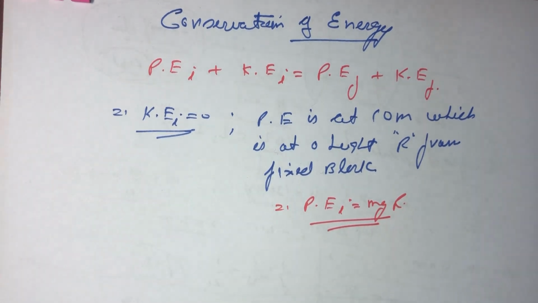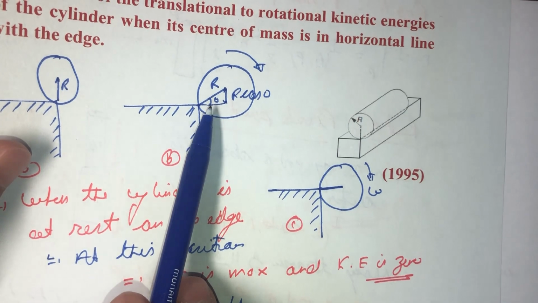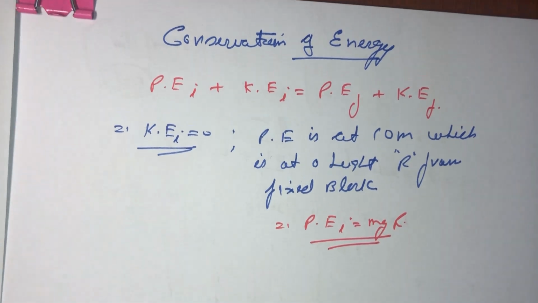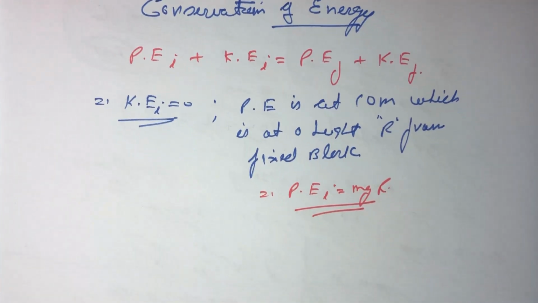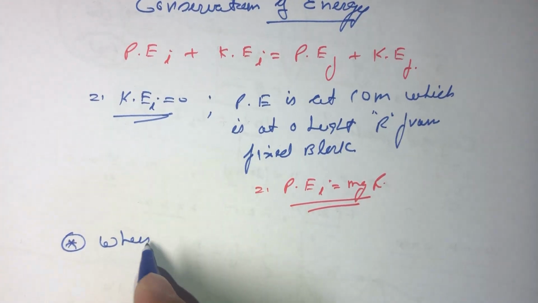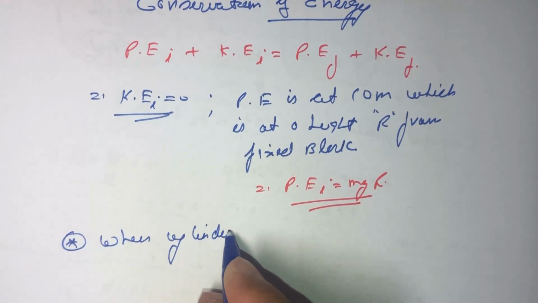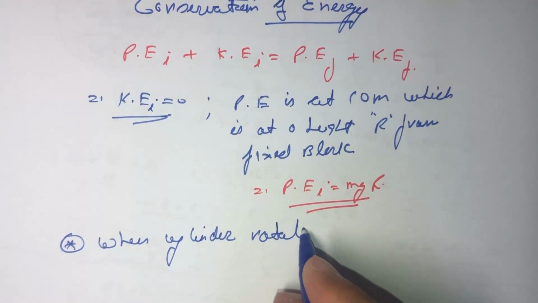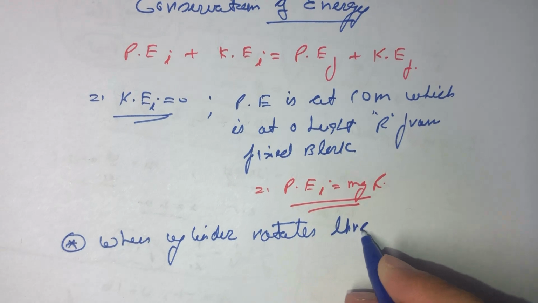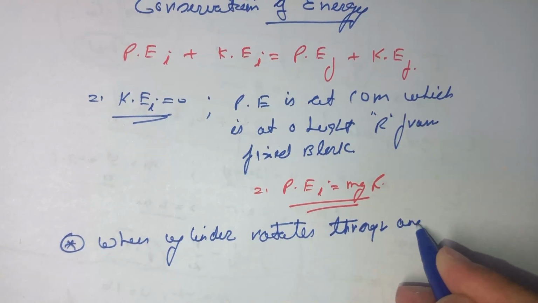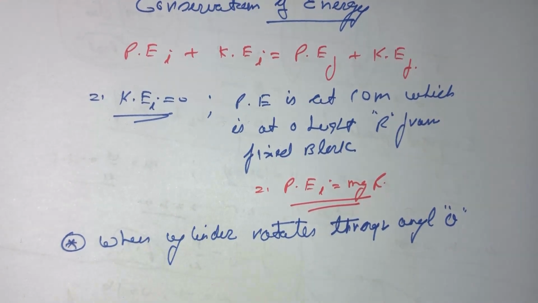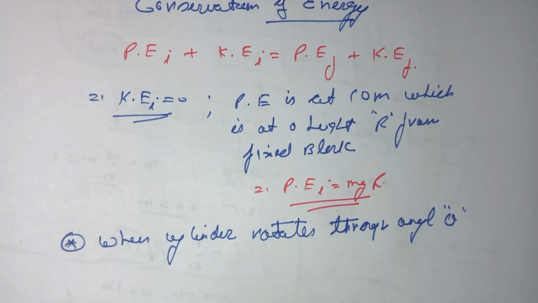Now we say that the cylinder is rotating through an angle of theta. You can say that when the cylinder rotates through angle theta, the center of mass is going to drop by a height r cos theta.